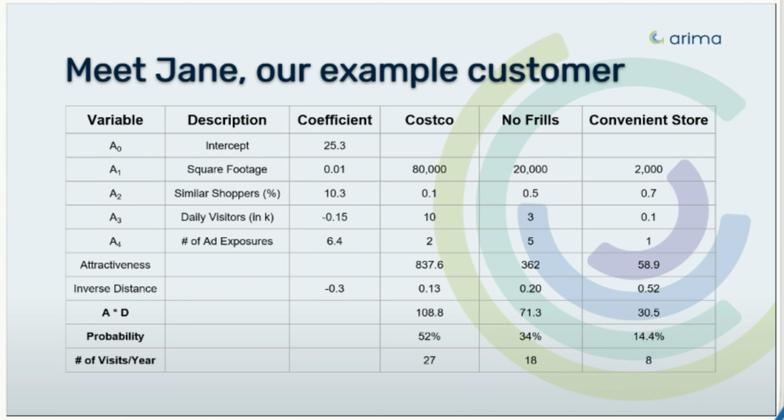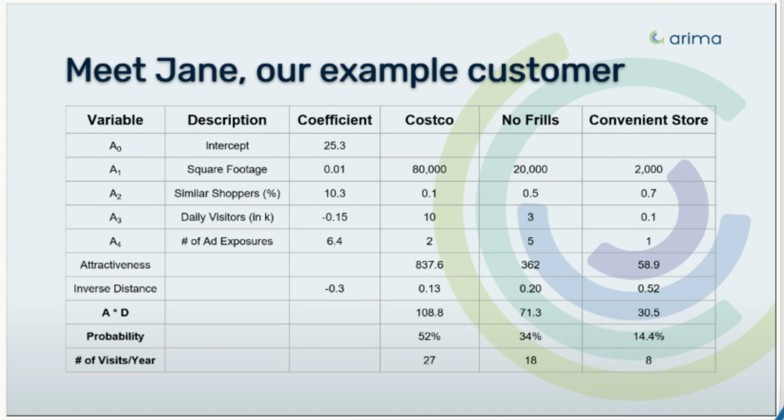Percent of similar shoppers: Costco, everybody goes there. It's not particularly designed for newcomers or for anybody, so only 10% of the shoppers are similar to her. No Frills, 50%, and the convenience store, because it's in her area, a lot of other people like her live in the same area, so that's 70%.